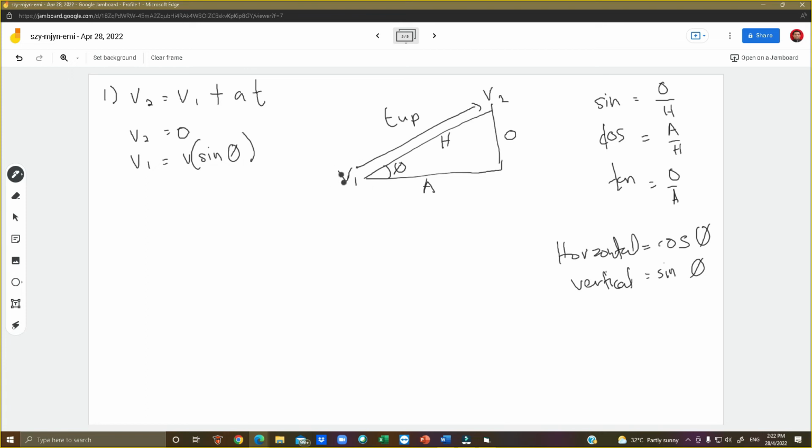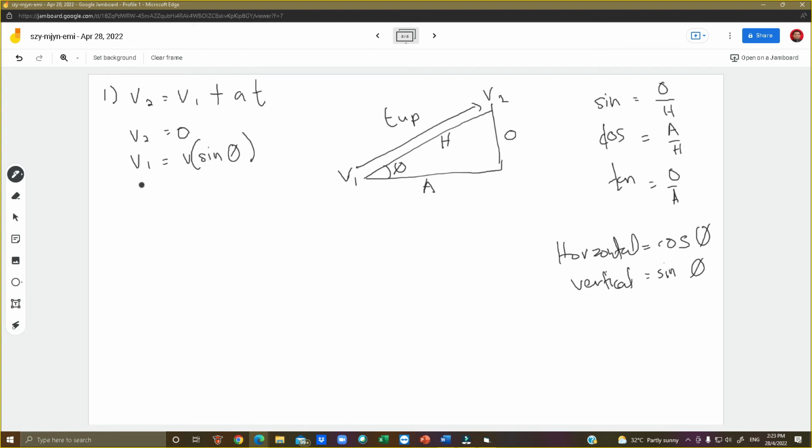Jadi velocity dia tak boleh velocity semata. It need to include component yang diperlukan. So in this case, V1 at the bottom, V2 at the top. So it is an inclination case. Means it involve hypotenuse dengan how high. That is the reason why we choose sin.